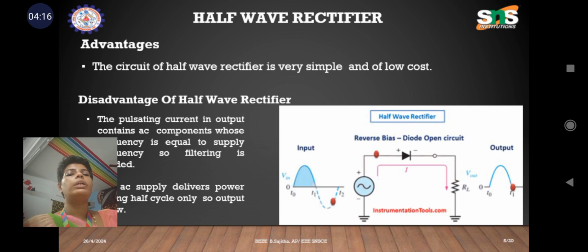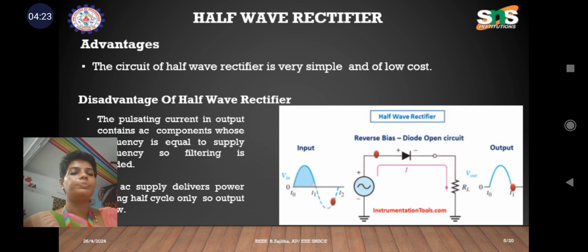What is the advantage of this type of circuit? The half wave rectifier circuit is very simple and of low cost, but there are also certain disadvantages. The output produced is pulsating in nature, and hence a filtering circuit has to be added, without which we cannot use this circuit directly.